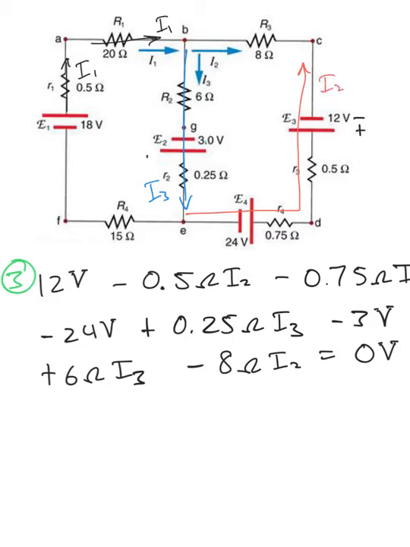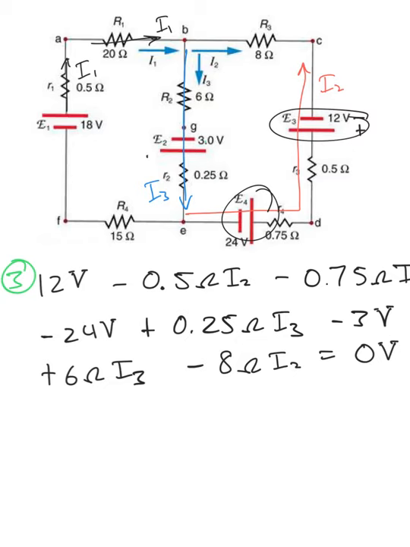That is what the minus sign on I2 actually means. If we think about this logically, it makes sense if we just look at this part of the circuit. We have a 12-volt battery trying to push current down, but we have a 24-volt battery trying to push current up. So it makes sense that the current would actually flow in the direction that the larger battery was pushing, which is in this counterclockwise direction.